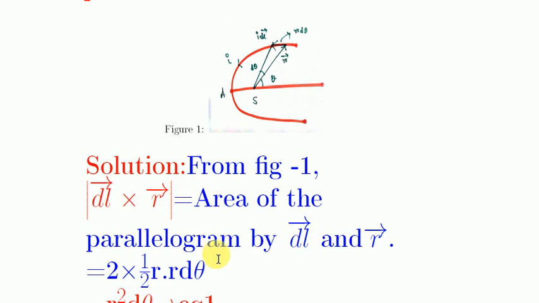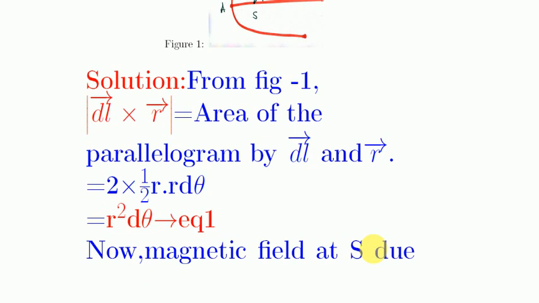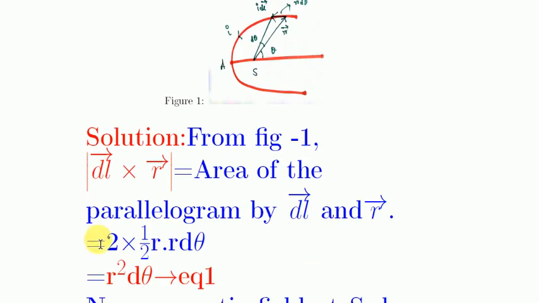So we can write mod of dl cross r equals the area of the parallelogram by dl vector and r vector, which is equal to 2 times the area of the triangle.